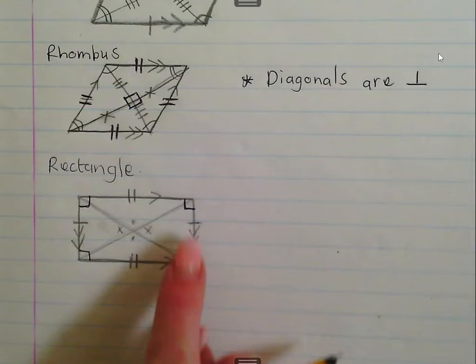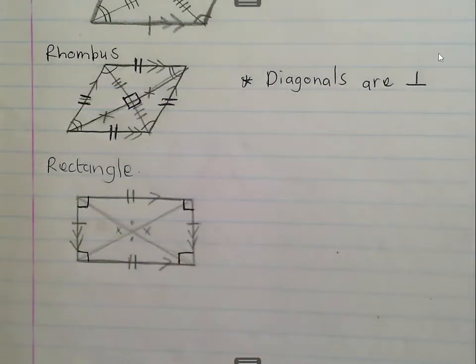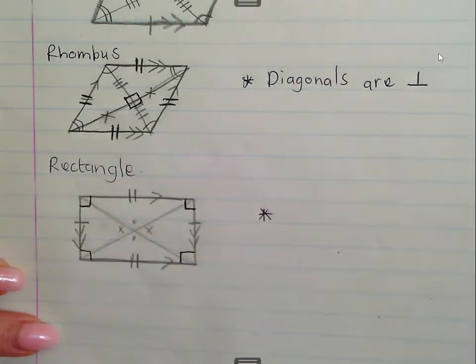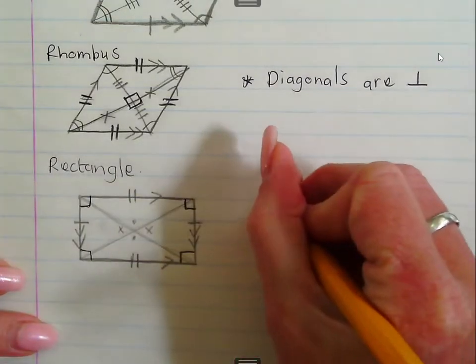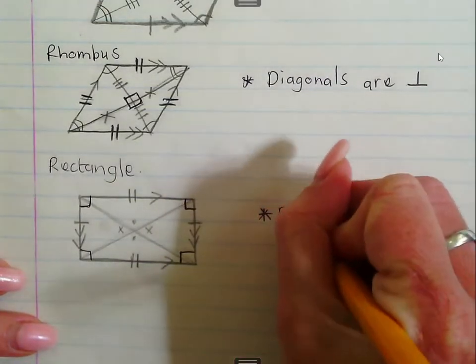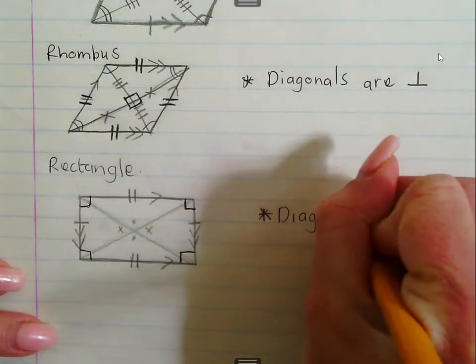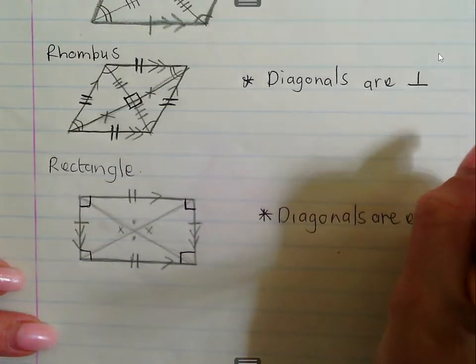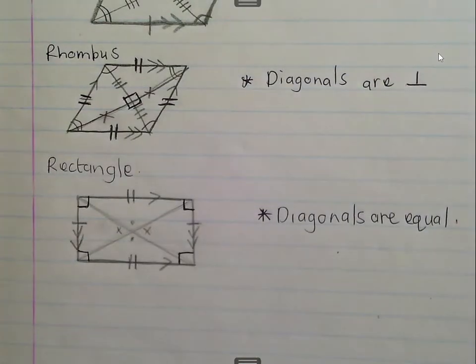We can maybe prove that those two are perpendicular with their gradients. But the other way, the new one that you maybe haven't used as much, is that the diagonals are equal.